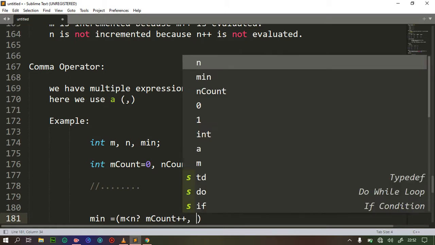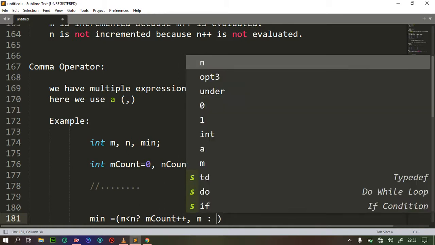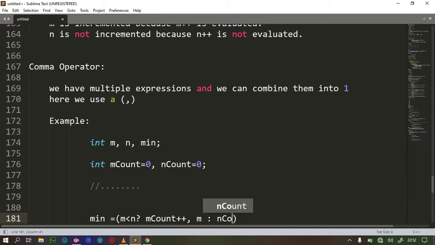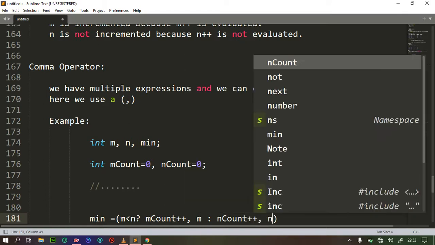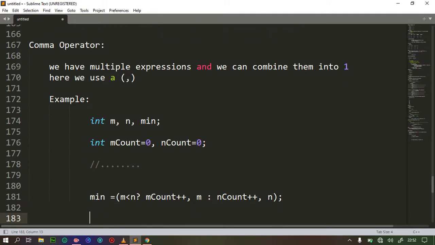Then I'll have m to be printed. If it's false, then I'll have n count incremented and I'll have n. Are we there, guys? This is what they call programming. We're talking about a comma operator.